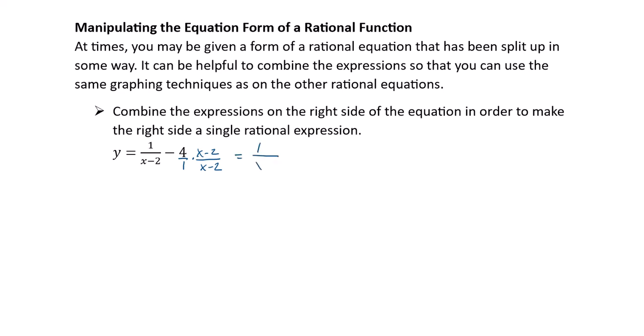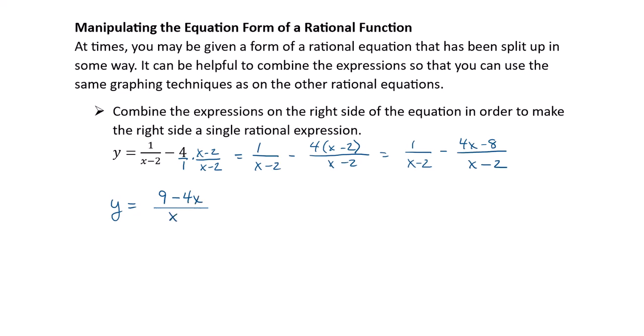This will give us 1 over x minus 2 minus 4 times x minus 2 over x minus 2, which is 1 over x minus 2 minus 4x minus 8 over x minus 2. And one last step, y would equal 1 minus negative 8, which is 1 plus 8, a 9, minus 4x all over x minus 2.